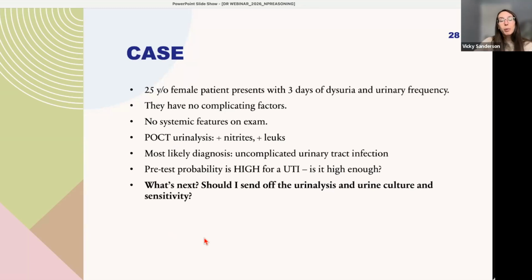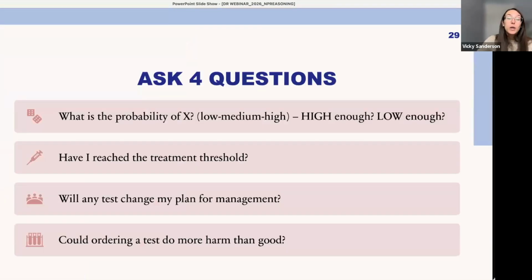So, whenever you're pausing to ask yourself in a case whether more testing is needed, we can ask ourselves 4 key questions to make sure that we're not falling into common testing pitfalls. So, number one, what is the probability of X disease? Is it low, medium, or high? Again, thinking in estimations, not exact percentages.